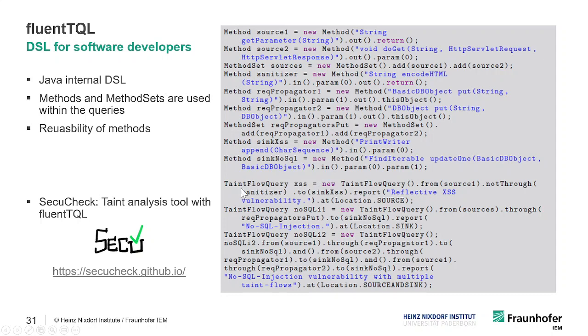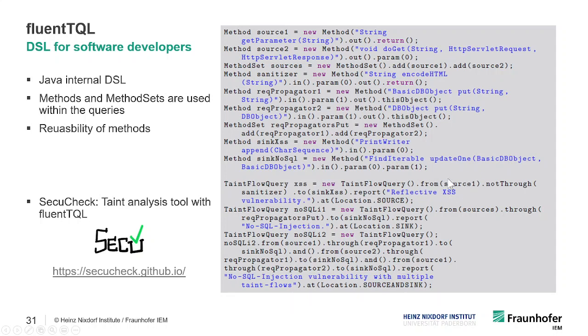Queries are always specified by creating objects of type TaintFlowQuery. In this case, we have an example for a cross-site scripting vulnerability. You can see here you call the constructor, then you can call this chain of methods, like from, where.